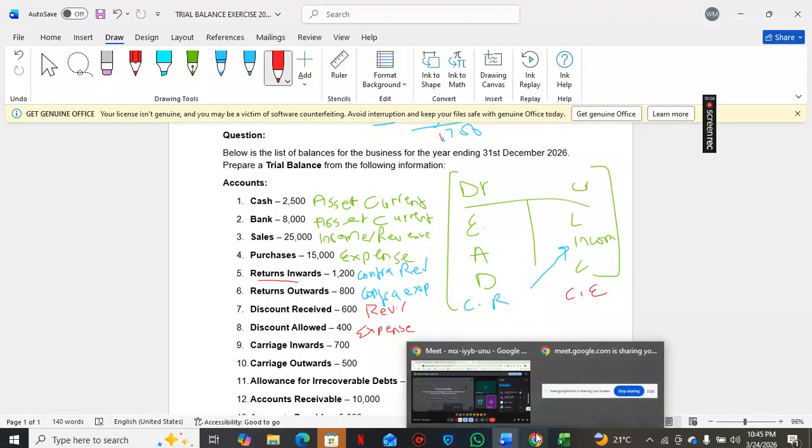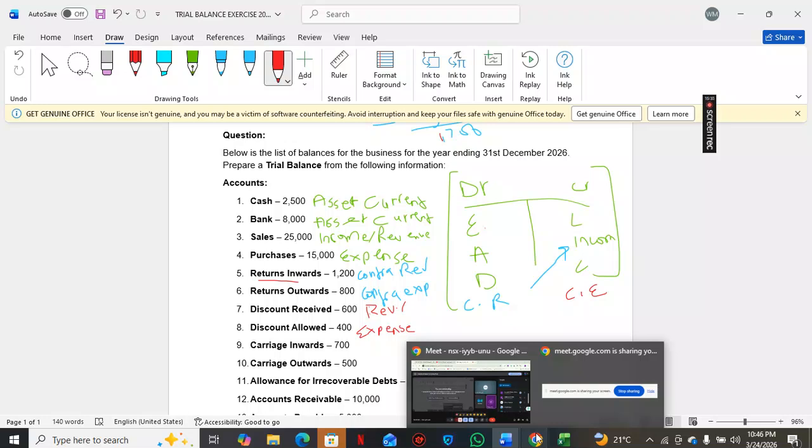Carriage inwards? It's the cost of bringing in goods.